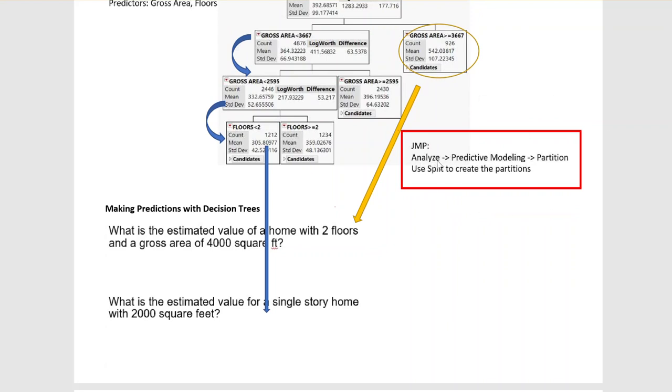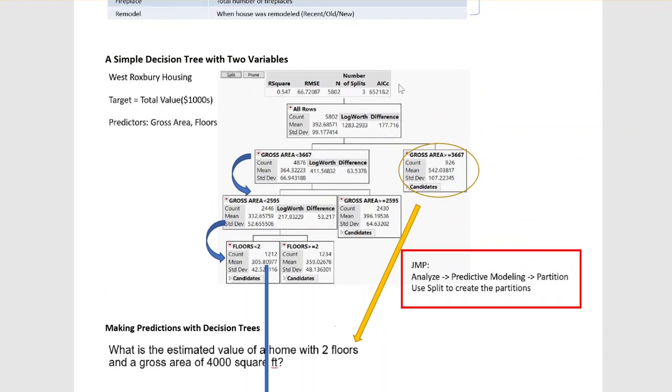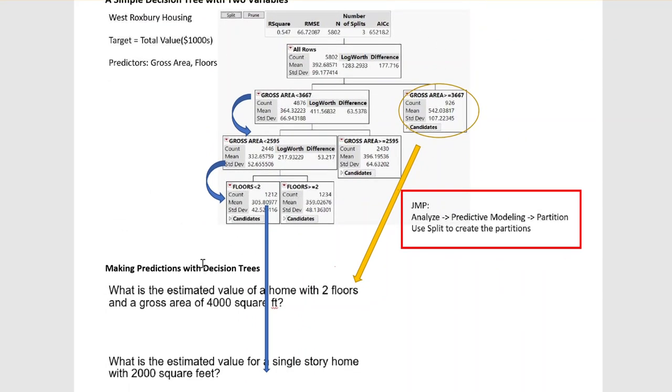Here I just show you the steps. You click Analyze, Predictive Modeling, and then Partition, and then you enter the response variable and X variables, and then you just use the split to generate the partitions. Now we have a more intuitive way to show the regression. What does that mean?